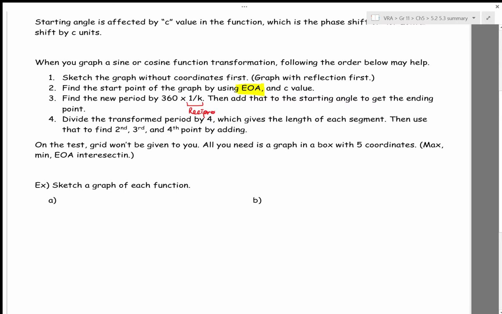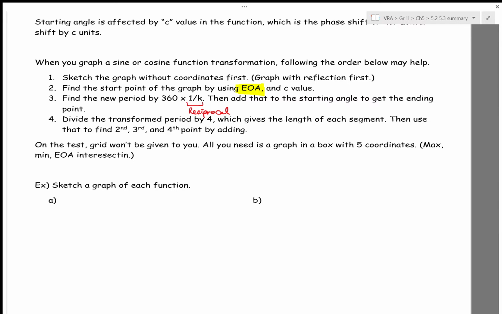So if it was 2, then it will be 360 times 1 over 2. If it was 3 over 4, then it will be 360 times 4 over 3, okay? Then add that to the starting angle to get the ending point, because that is your new period. That indicates how long the graph is from the starting to the ending. That's why we're adding.